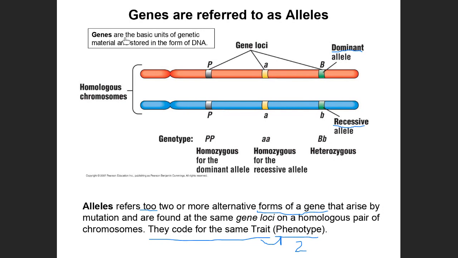Now, in individuals that have inherited a pair of homologous chromosomes from mom and dad, on one chromosome they're carrying a dominant allele for a dominant phenotype, and on the other chromosome they're carrying the other form of the gene. This other form of the gene codes for the recessive phenotype, such as white flower color.